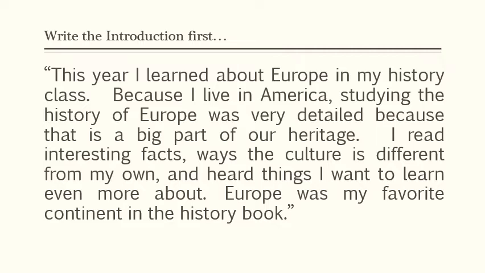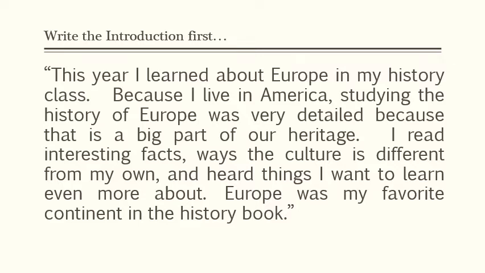So it's only 4 sentences. It's not too long. I start with, this is how I know about this topic. Then I say, there was a lot to learn. I mentioned the 3 things, or 3 kinds of things, or 3 groups of things I learned.